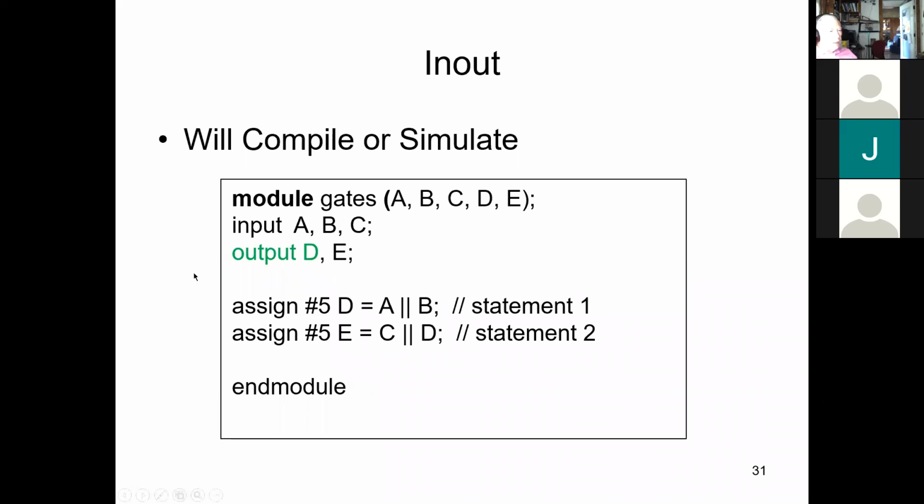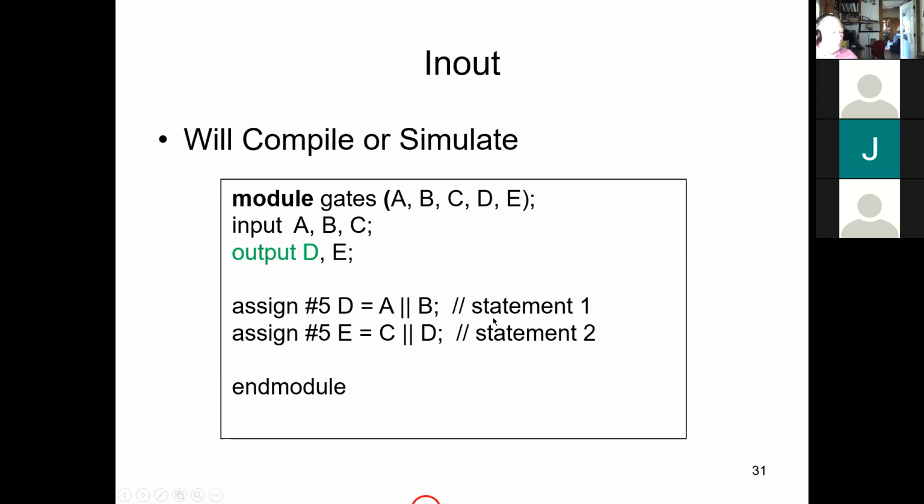So if you write it like this, then this D, well, remember, these are continuous assignments, right? So anytime the right side changes, you recompute this. And so if A changes, then you recompute D. If D changes, then you'd recompute this one. Even though D is theoretically an output, in this statement, it is an input.